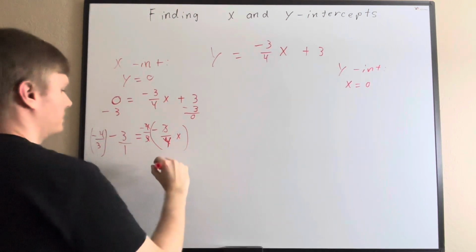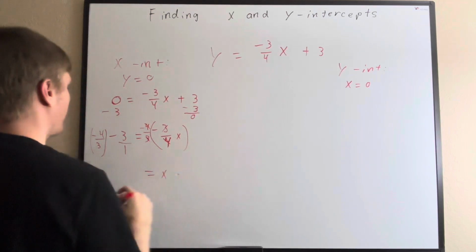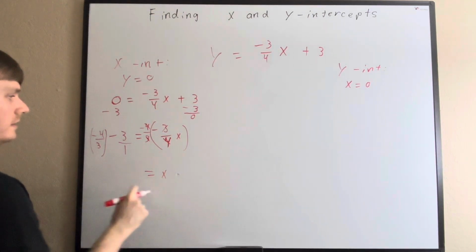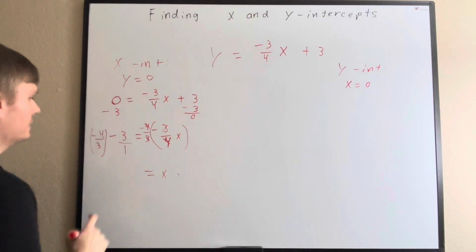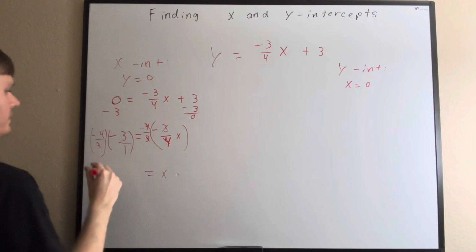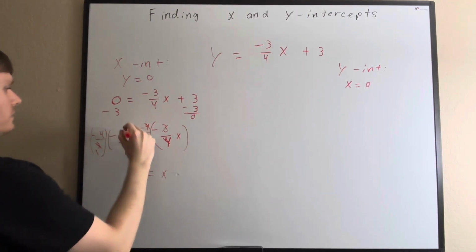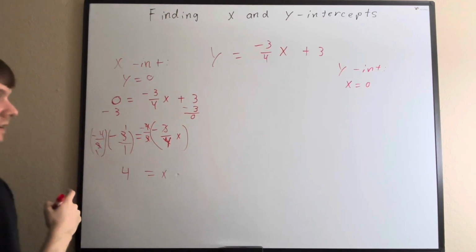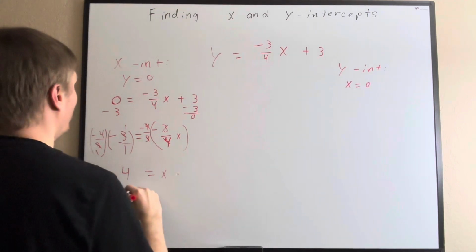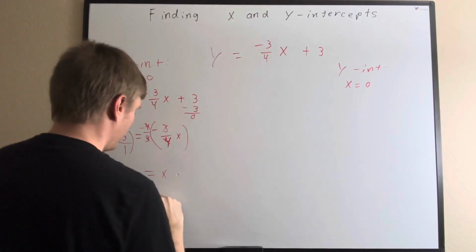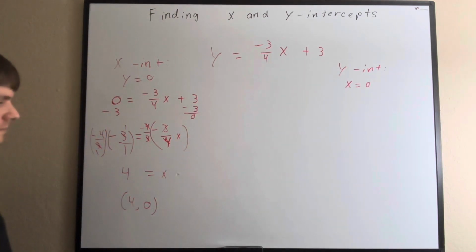It's 3/1. So x equals, it doesn't matter if the x is on the left or the right, you should still get the same answer. But -4/3 times -3, well, the 3s cancel. So we're just left with +4, because the double negative makes a positive. So our x-intercept is 4, 0.